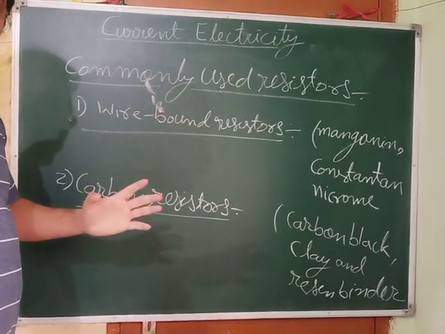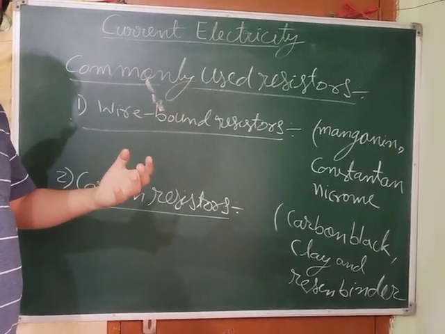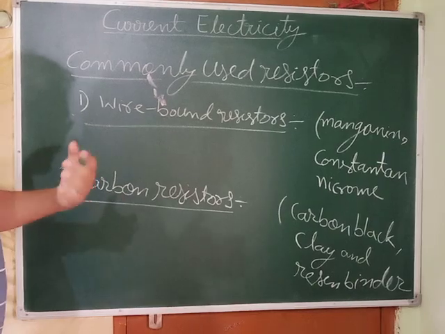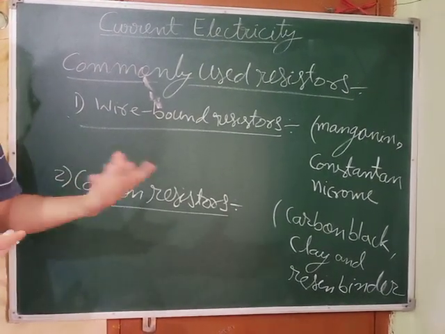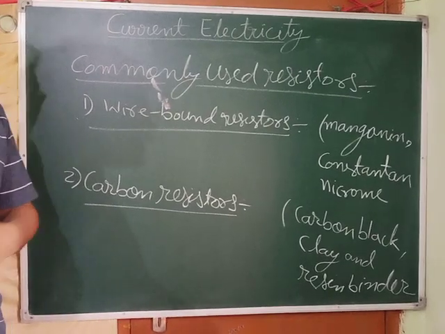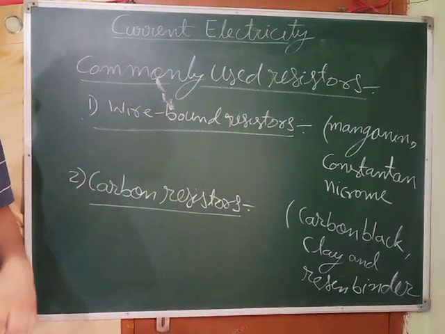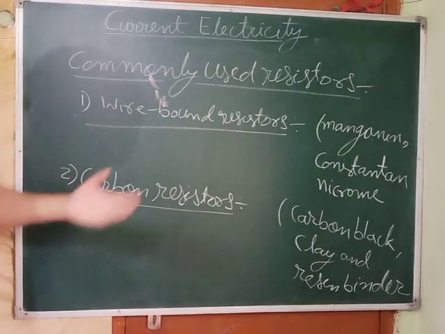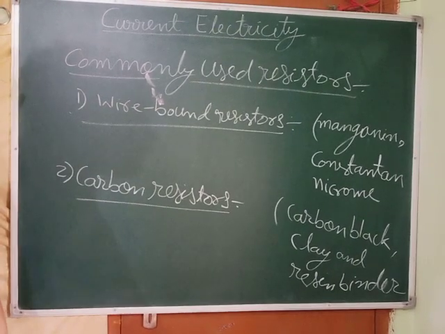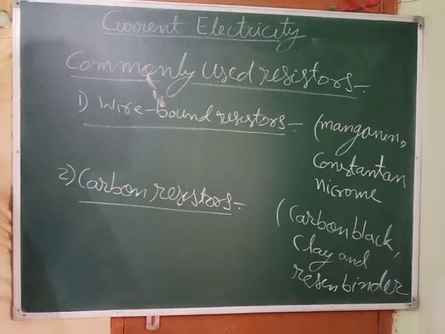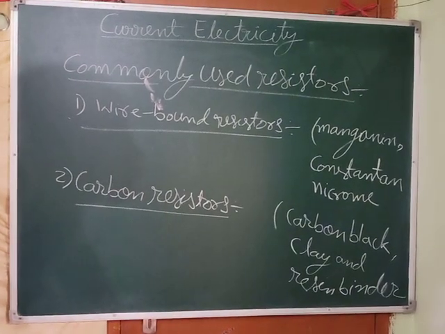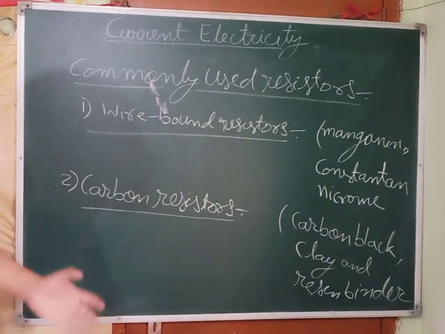Second point, they are quite cheap and compact. Quite cheap means it costs less, and they are compact also, very small, not large in size like the wire bound ones. Third point, they have got wide applications.